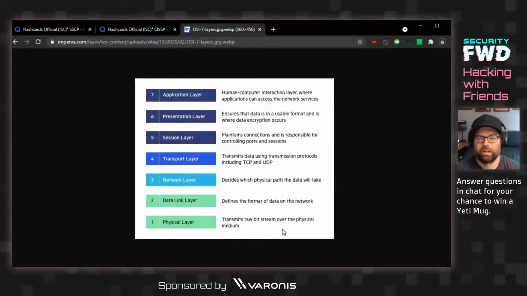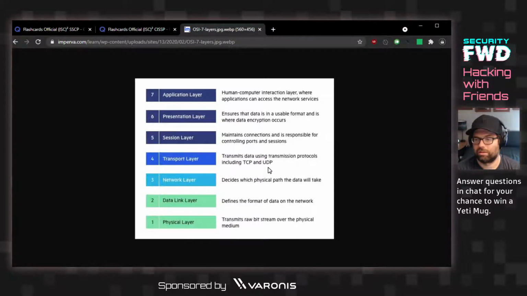All right. You know what? Let's just do a quick review of the layers because I think that'll probably help us with all these questions. All right, 1, physical layer, raw bit stream. Data link layer defines the format of the data on the network. Okay, so like Ethernet frames. Network layer decides which physical path the data will take. All right, transport layer transmits data using transmission protocols including TCP and UDP.